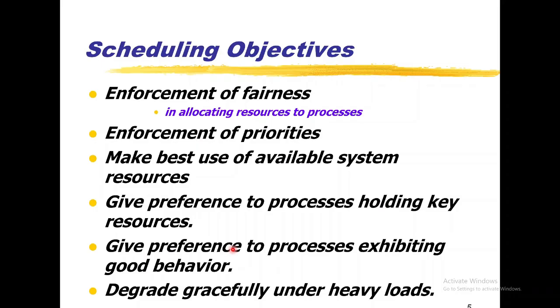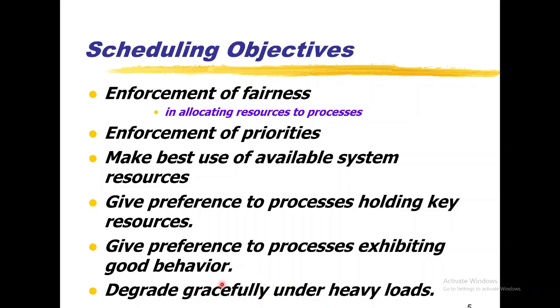If a process is not spending so much time thrashing, or not spending so much time doing I/O work, you give it the available CPU when it needs it and you work with it. Then also, it helps to degrade gracefully under heavy loads.